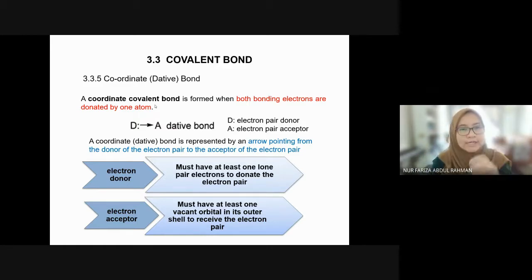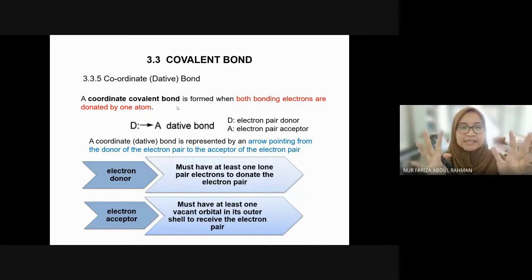Coordinate on the other hand, instead of seorang bagi satu share, both electrons are provided from only one atom sahaja. Instead of dua-dua bagi, only one atom contributes both electrons.